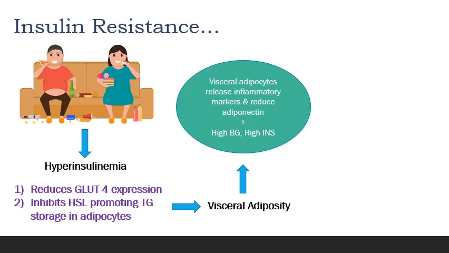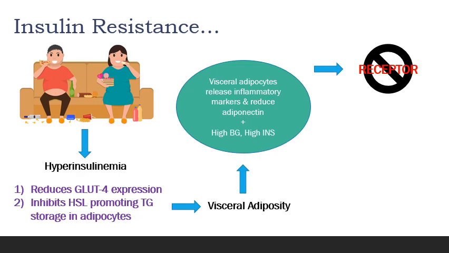If the body is chronically in this state of high blood glucose, high blood insulin, high inflammatory markers, and low adiponectin, eventually the glucose receptors on the cell become damaged permanently. Insulin resistance results from this.